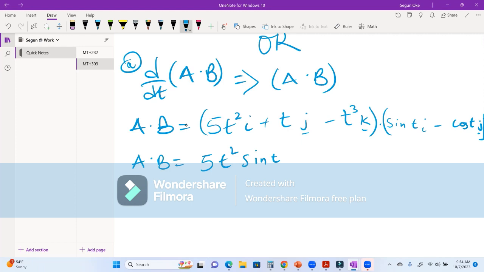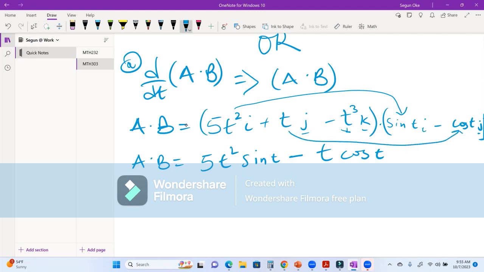Then this dot this will give us minus t cos t. That's what we have. The k side will be 0 automatically because there's no k, and 0 multiplied by anything will be 0. So that's why we don't bother.